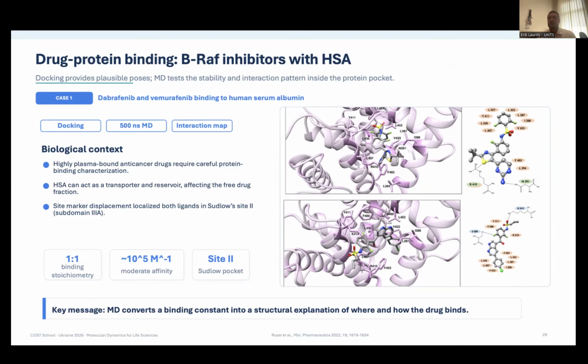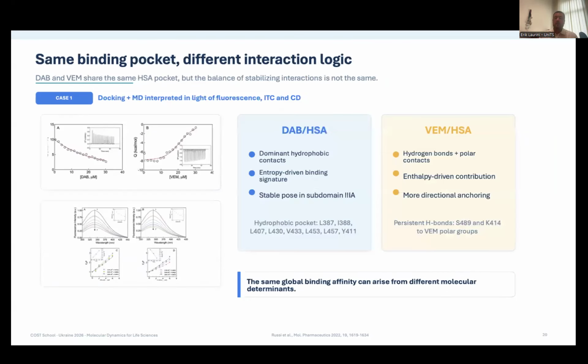We have to answer this kind of question with molecular detail, and we have to exploit molecular dynamics. So we adopt a classical approach in which first we dock the ligand into the protein, then we minimize the molecular system, and then in the solvated environment we perform molecular dynamics, and from molecular dynamics we were able to differentiate at atomistic level the binding mode of these two drugs.